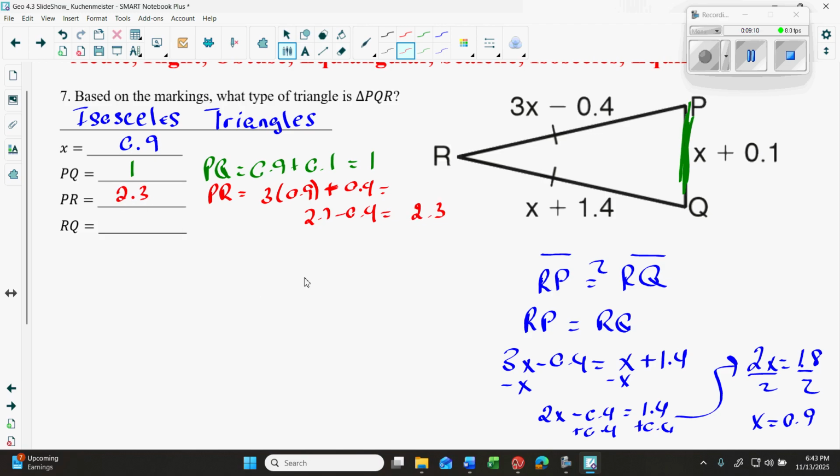Now, hypothetically, since we have congruency marks and we know RP is congruent to RQ, this should also be 2.3. But if you want to double check yourself, we can always go back and plug in here. RQ equals 0.9 plus 1.4, and that equals definitely 2.3. So life is good there.